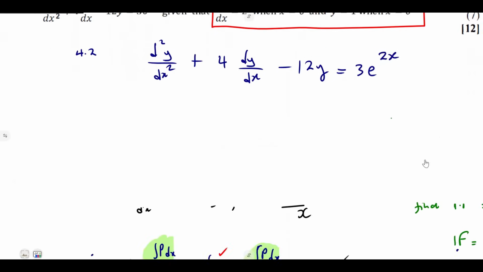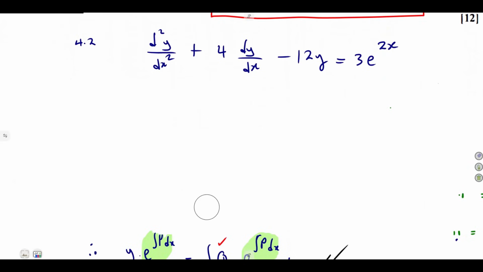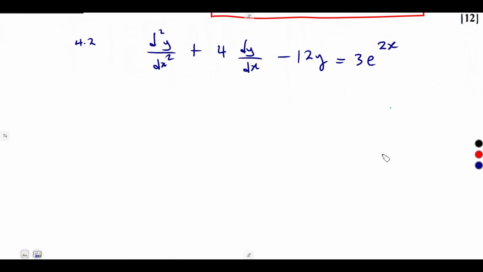This is the format of the second order differential equation, and it is the one that is going to give us the auxiliary equation. So that is the first thing that we need to form: the auxiliary equation.